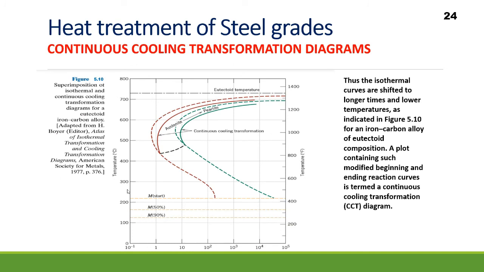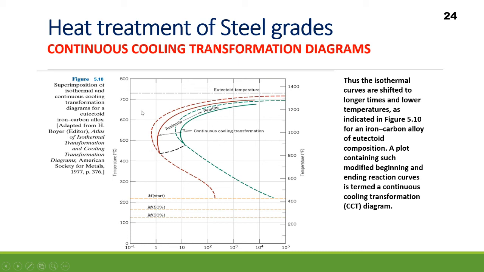So here you see that the dotted lines are your isothermal transformation curves, and these solid curves are your continuous cooling transformation curves.